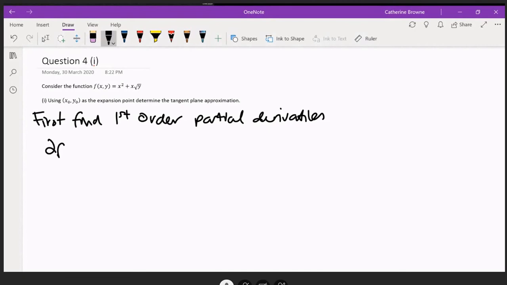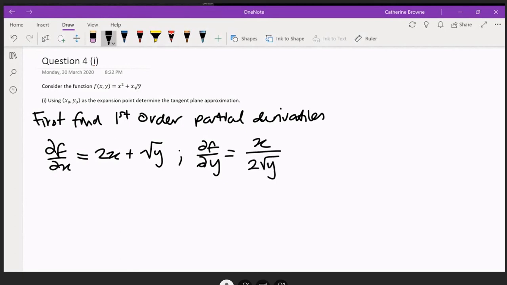So df dx is equal to 2x plus the square root of y, and the first partial derivative with respect to y is equal to x on 2 root y.